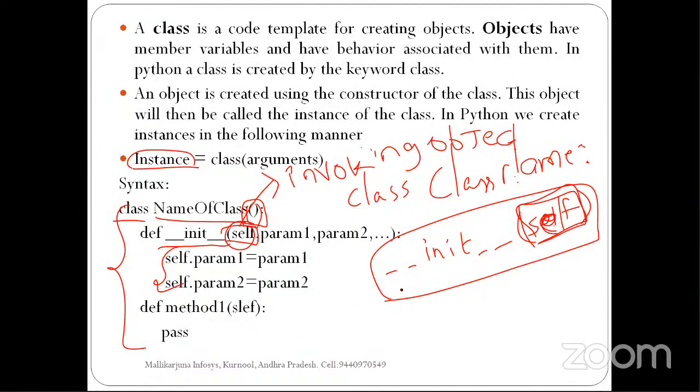When you're working with constructors in object-oriented programming, for example, take a person. A person has its own properties.